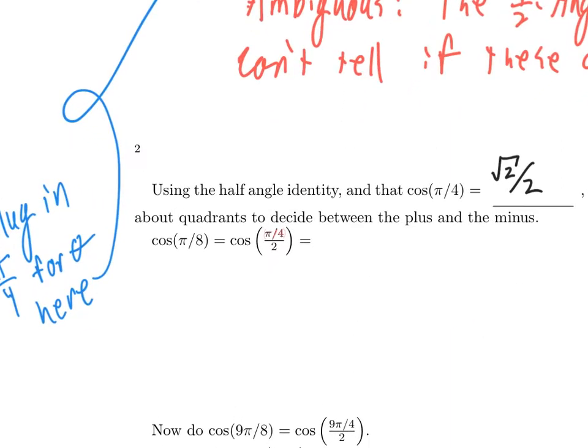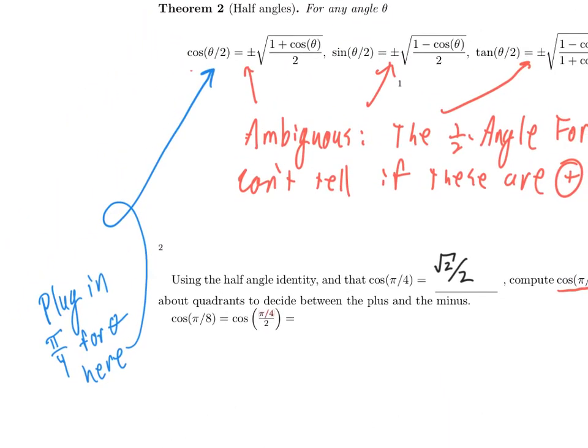So let's do exactly that. So that says the cosine of pi over 4 over 2 should be plus or minus, it can't tell which, the square root of 1 plus the cosine, and then stick with the color coding in red, pi over 4, all over 2.